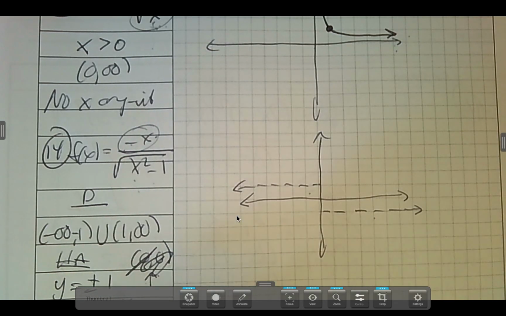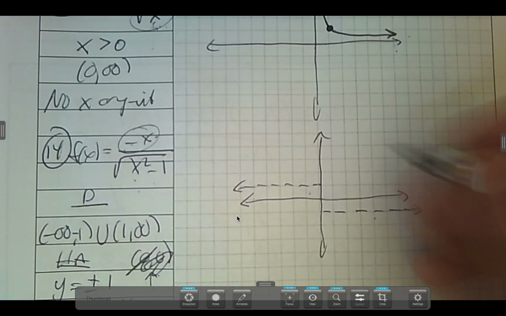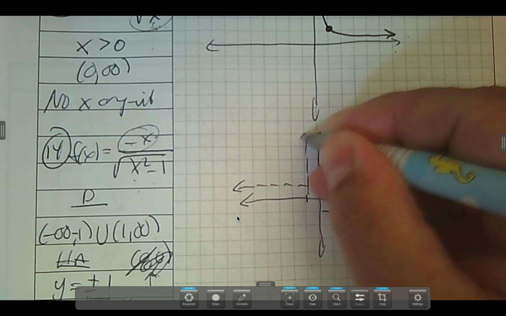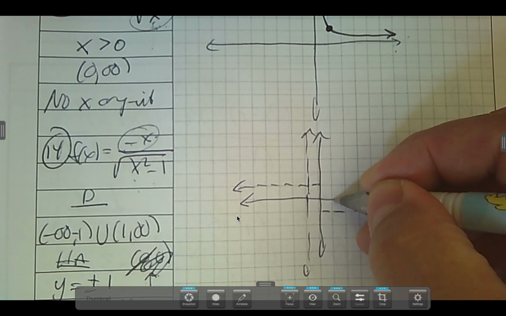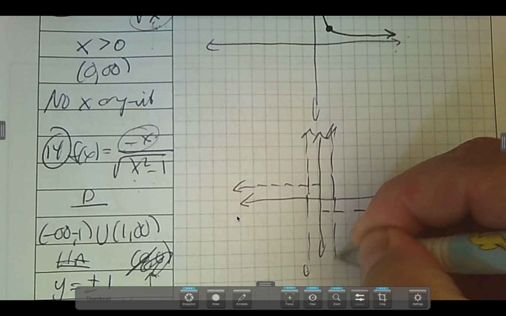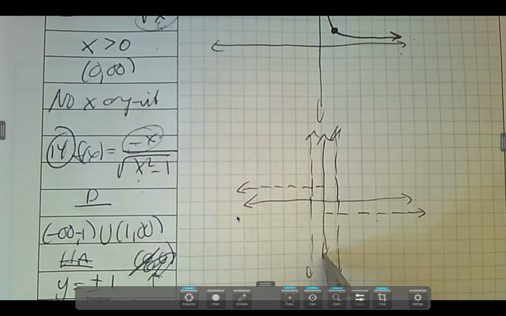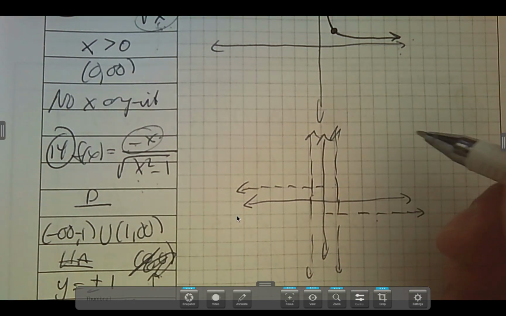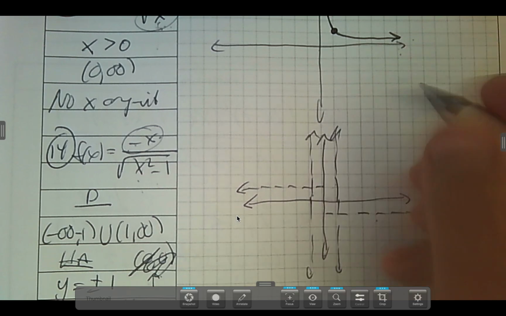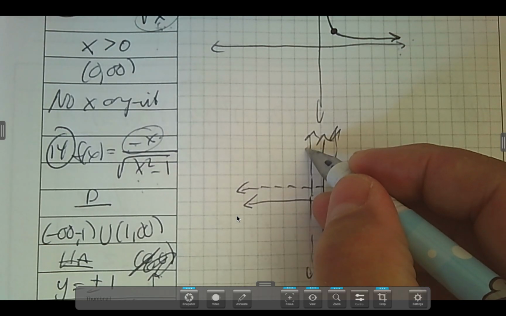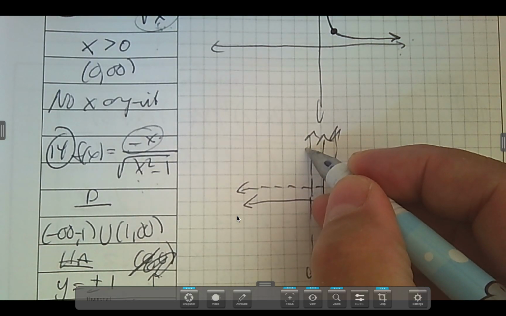So again, think, where's it at negative 1 and positive 1? There's nothing going to be here in the middle. And so what's going to happen is you plug in answers that are close to negative 1.